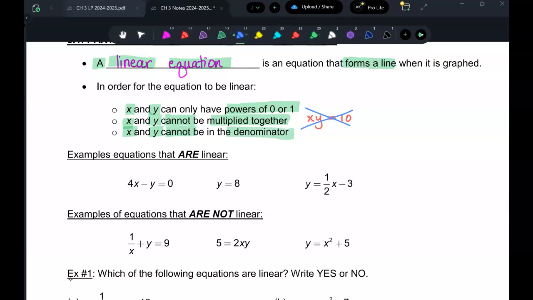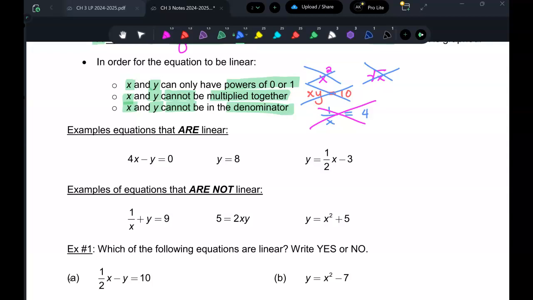For example, if I have 1 over x equals 4, you can't have a variable in the denominator. So it's almost easier to think of what you can't have. Like you can't have an x squared. You can't have a square root of x. None of these will be linear.